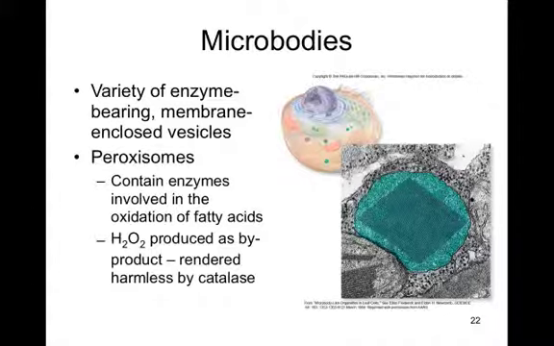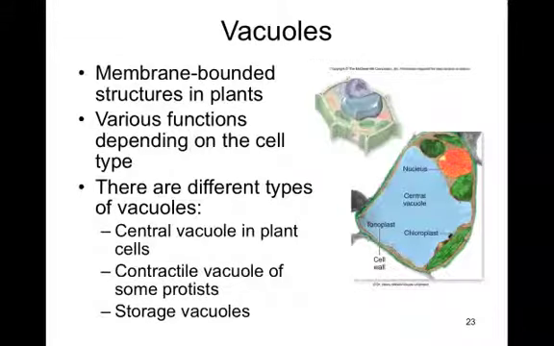If these oxidative enzymes weren't isolated within the microbodies, they would tend to short-circuit the metabolism of the entire cell because of the peroxide that's produced as a byproduct. Of course, inside the microbody, this is rendered harmless by catalase. So microbodies work in a very similar way that lysosomes work. They fuse with anything that has a lot of fatty acids that need to be oxidized or broken down.